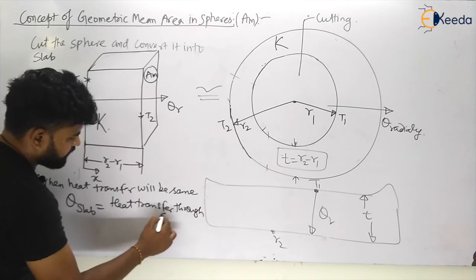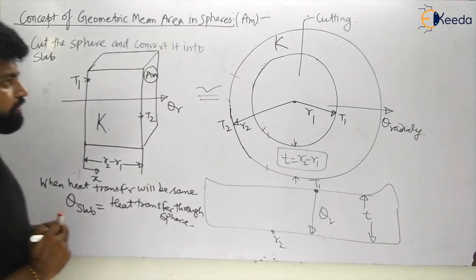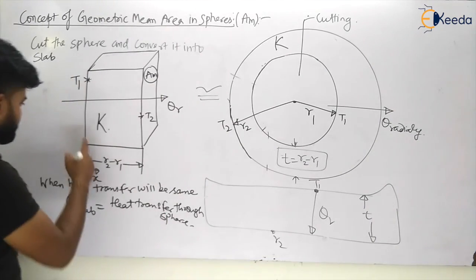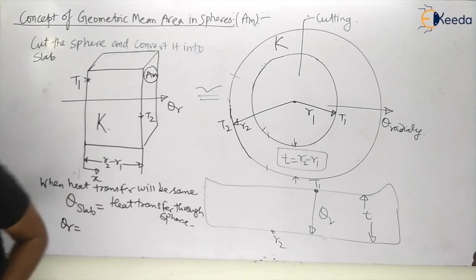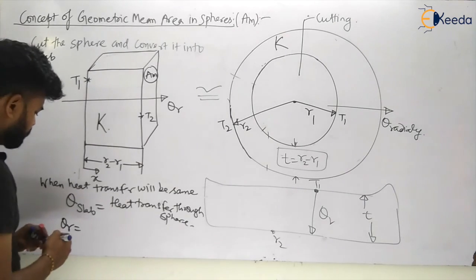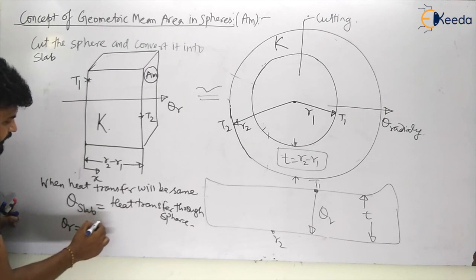Through sphere, my dear students, through sphere. So when heat transfer will be the same, can I write QR? What will be QR here? So QR will be equal to K A. What will be the area for this?